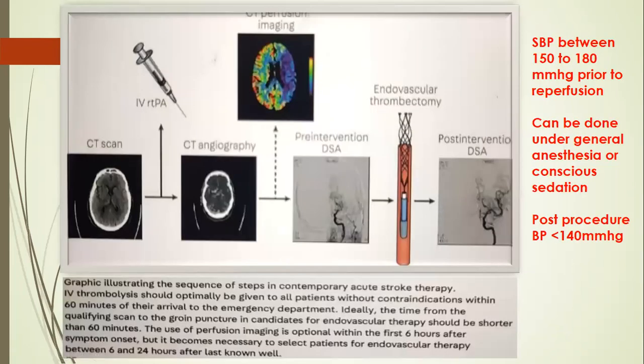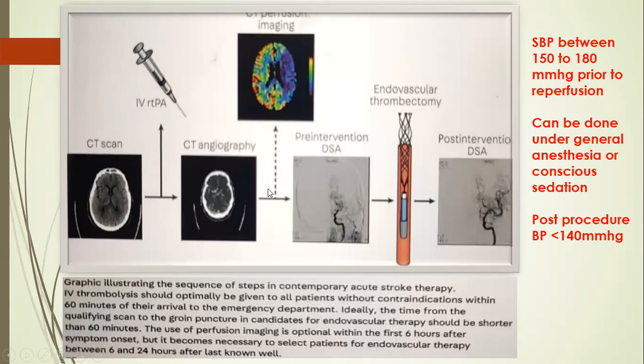Let us come to the total procedure of this mechanical thrombectomy. Say for example, a patient comes to the emergency. You have done the CT scan. The patient comes within 4.5 hours. You have done the thrombolysis and you submit the patient for CT angiography. If CT angiography shows a large vessel occlusion, and the patient comes within 6 hours, you can directly send for intervention.